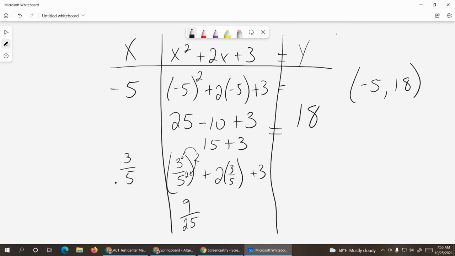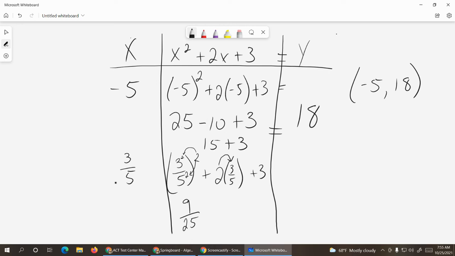Anytime you are multiplying a whole number times a fraction, you multiply the whole number times the numerator. We're not adding, we're multiplying, right?